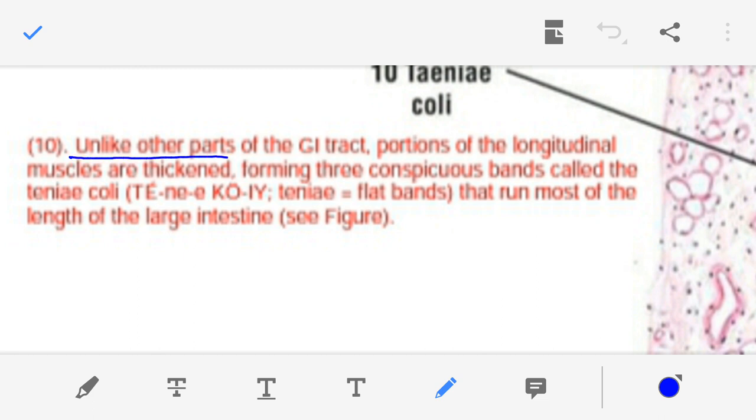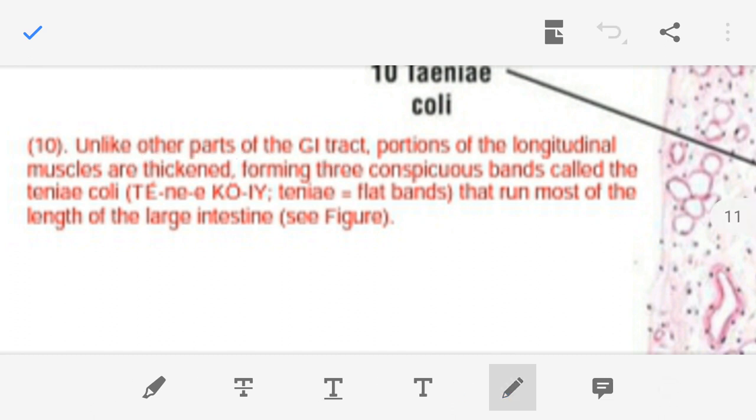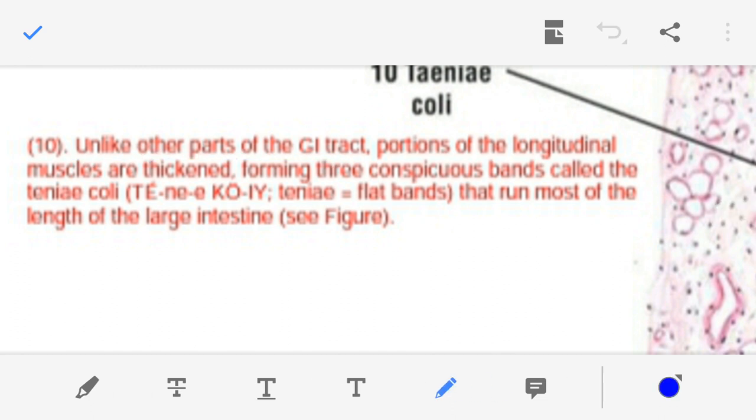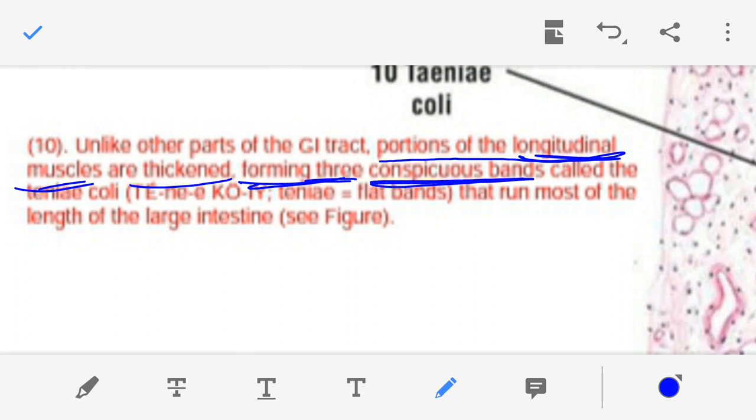Now, unlike the other parts of the GI tract, one peculiar structure is present in the large intestine which is not present in the rest of the GI tract. Which are these structures? Portions of the longitudinal muscle are thickened, and this longitudinal muscle forms three conspicuous bands.